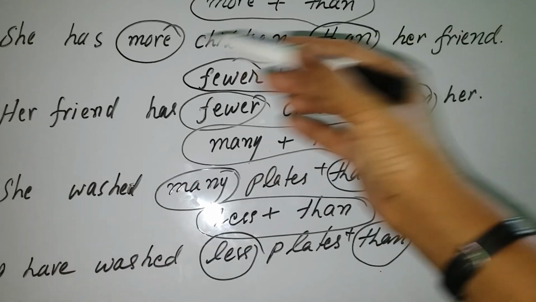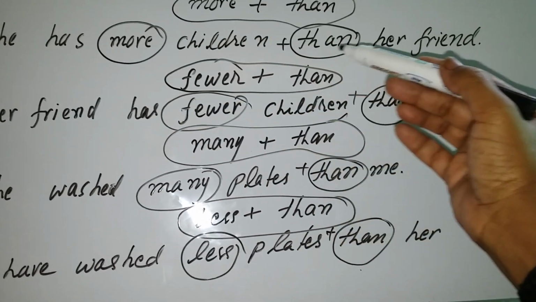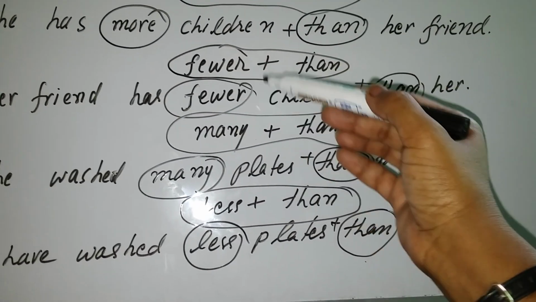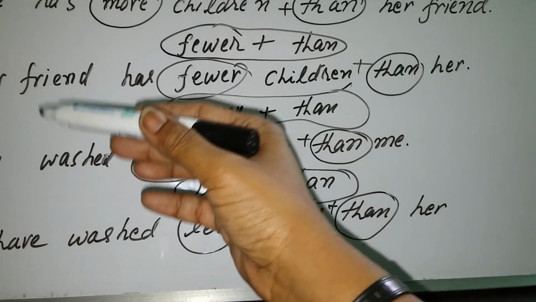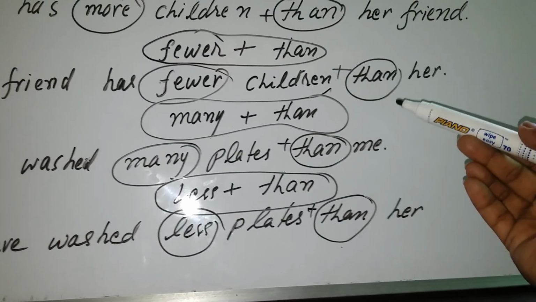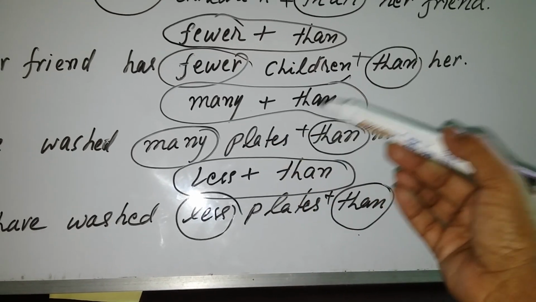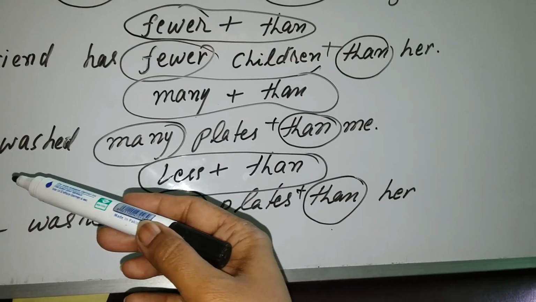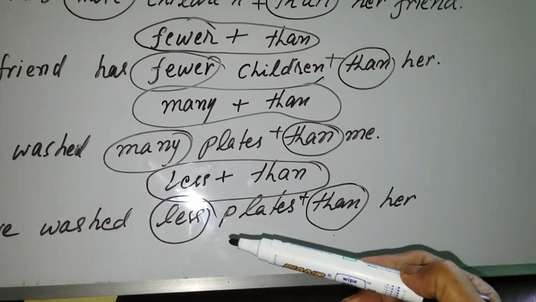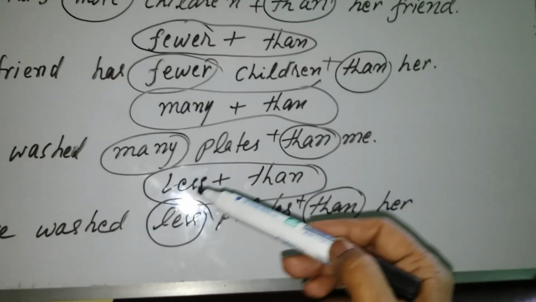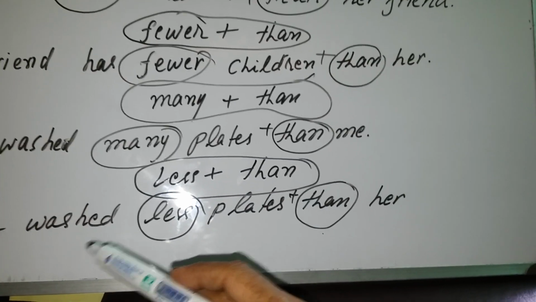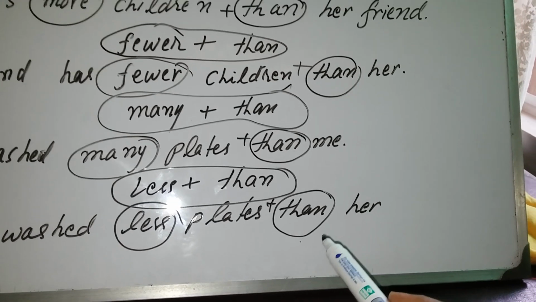More plus than. She has more children than her friend. Fewer plus than. Her friend has fewer children than her. Many plus than. She washed many plates than me. And less plus than. I have washed less plates than her.